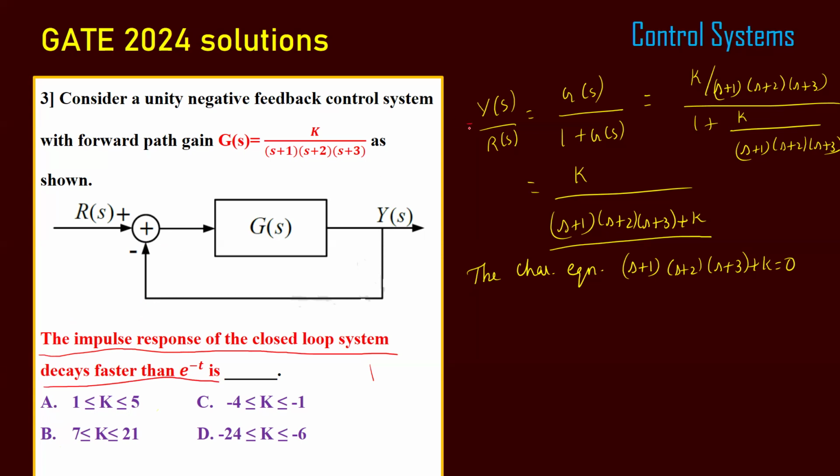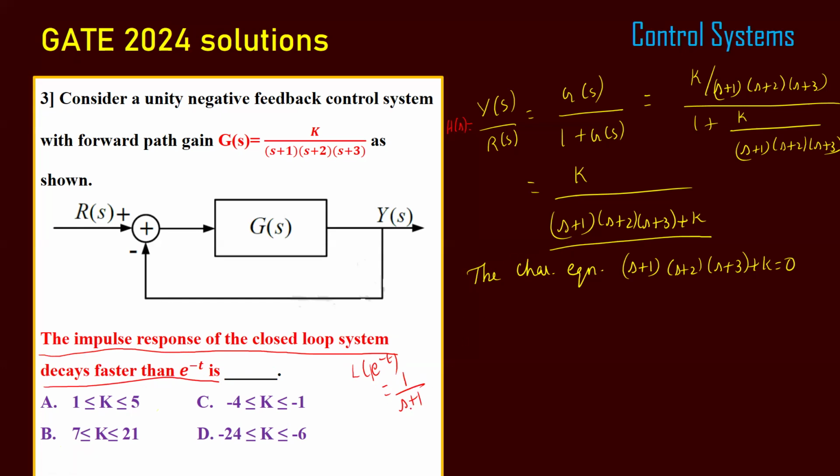So this transfer function is nothing but H of s. When you take the inverse Laplace transform, it will become h of t, that is the impulse response. Now, faster than e power minus t means, what is the Laplace transform of e power minus t? Laplace of e power minus t is equal to 1 by s plus 1. So we are having one of the factors as s plus 1.